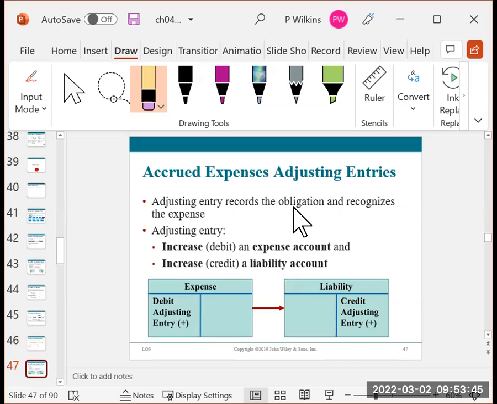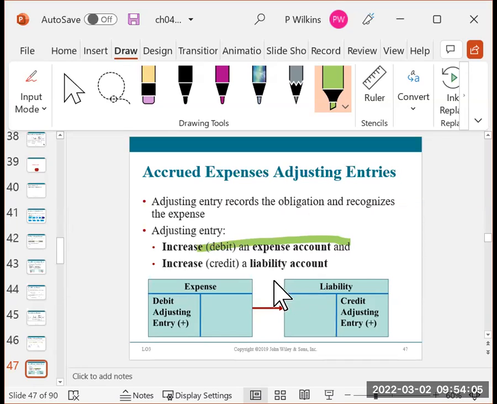So when we have accrued expenses, adjusting entries, we are going to be debiting an expense account. Excuse me, I don't know what is wrong with me today.